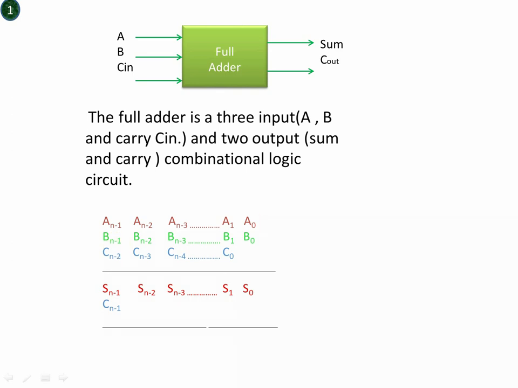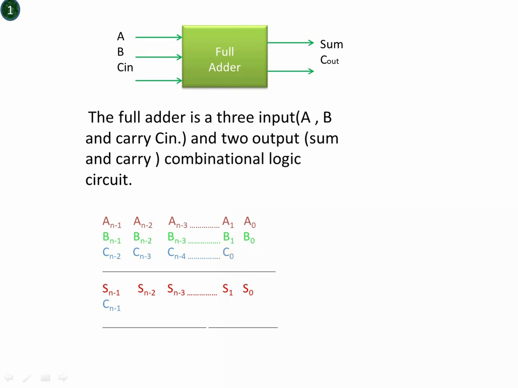To add these numbers, the first column, the LSB, has a0 and b0. To add these two bits, a half adder is sufficient. The outputs of the addition of a0 and b0 are sum and carry.